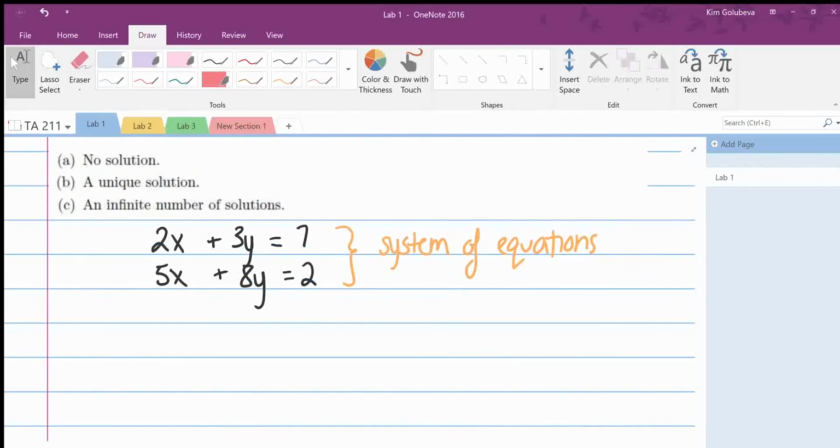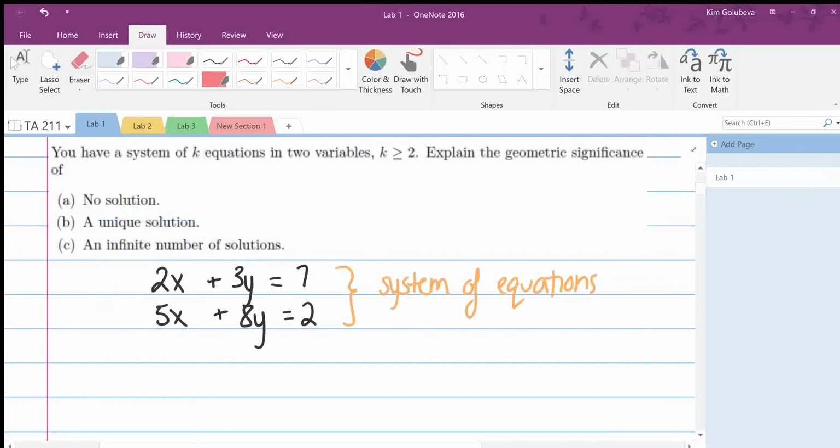And we should keep in mind that these two equations here are, in our case, linear equations. So that means that they represent lines. That's what we're dealing with in linear algebra.